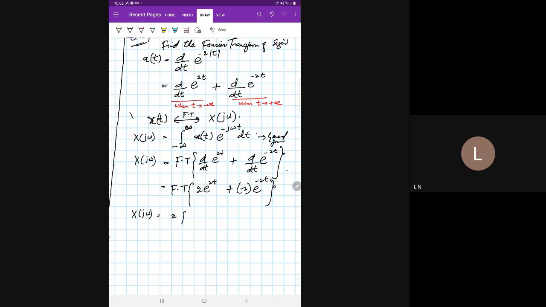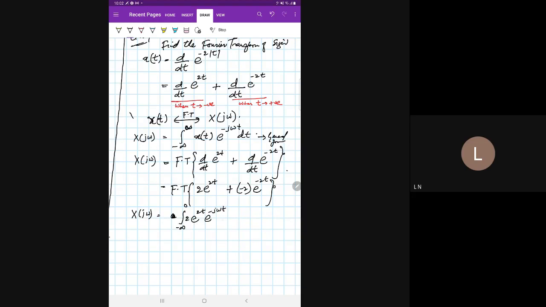So if we apply the general form here, then x of j omega will be equal to 2 times, when t will be negative, our limits will be from minus infinity to 0. Then we write down here 2 times e raised to power 2t, then e raised to power minus j omega t dt.